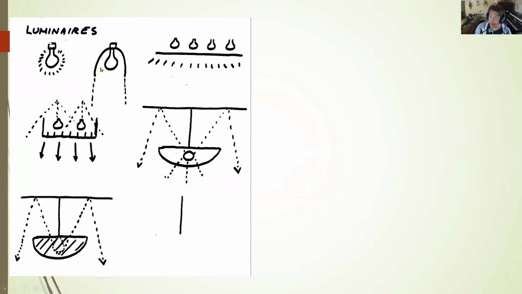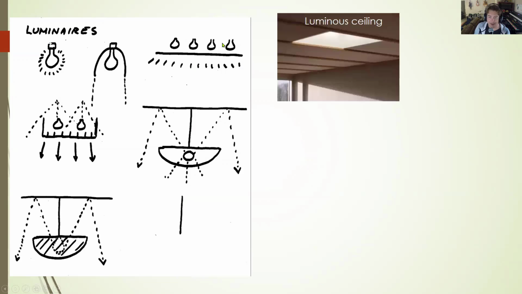This is a sketch of some common luminaires, but I've also got some picture examples here. This would be an example of something we call a luminous ceiling. I guess that's what's depicted here. You have several light sources, and then you have a diffusing grate that is transmitting the light through, but also diffusing it.